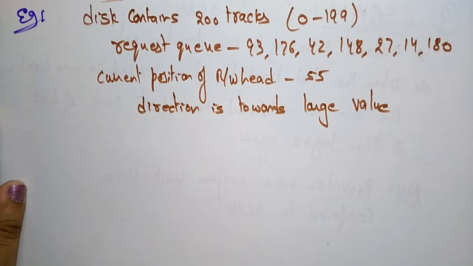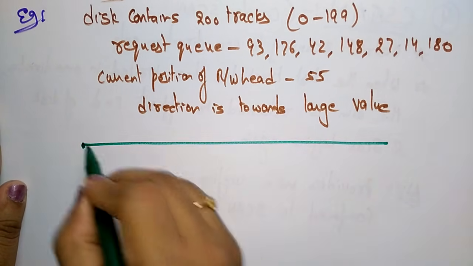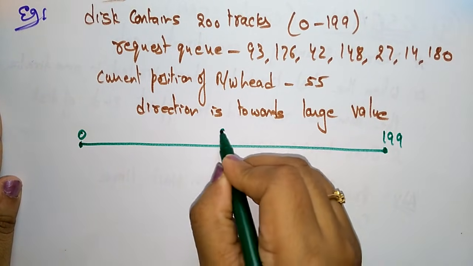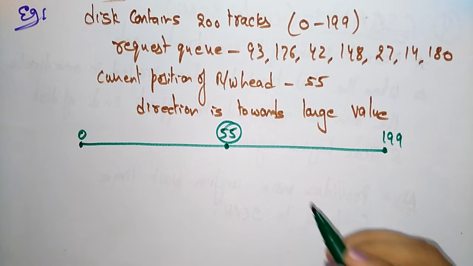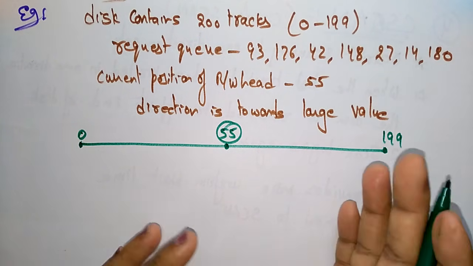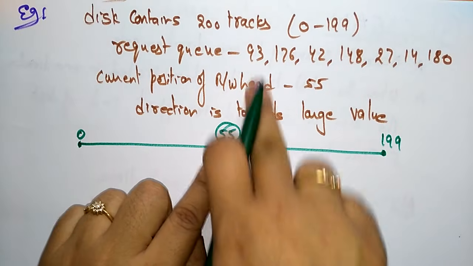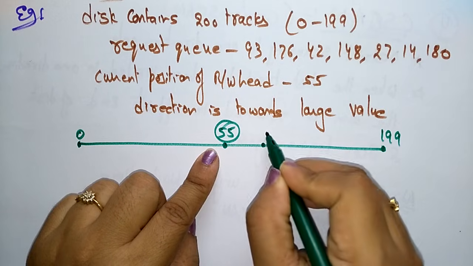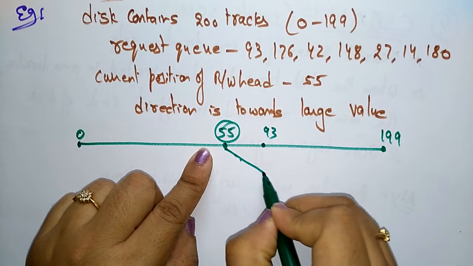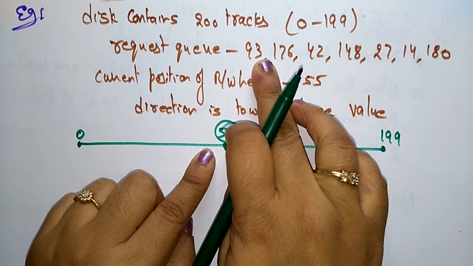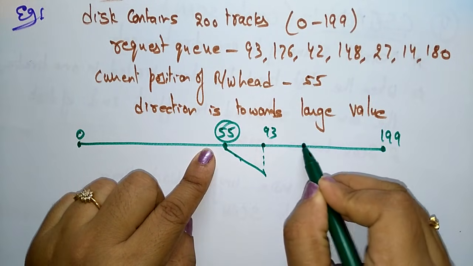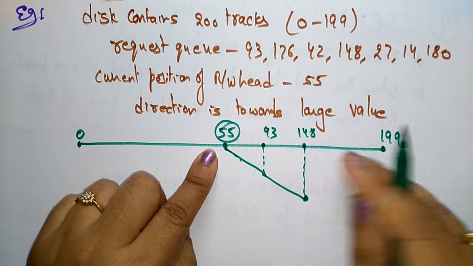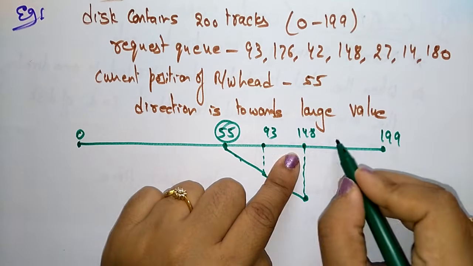Now let us take the tracks 0 to 199. The arm starts at 55, and I have to move towards larger values. The next larger value after 55 is 93. Next larger value is 148. Next is 176.